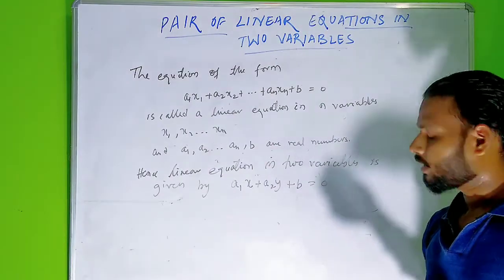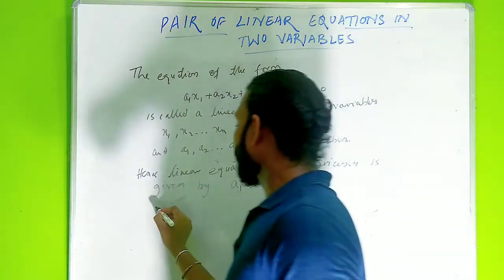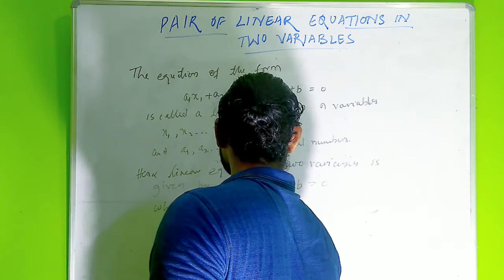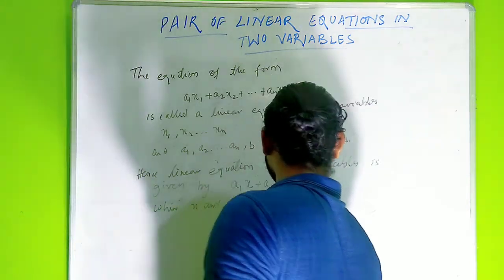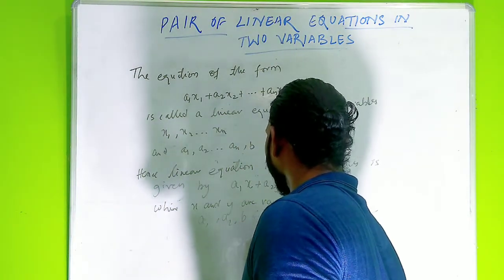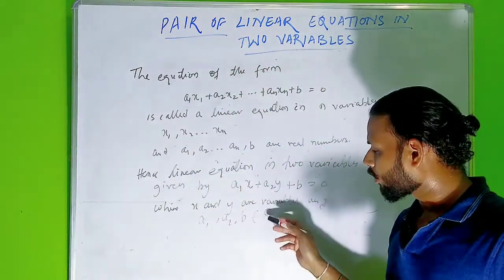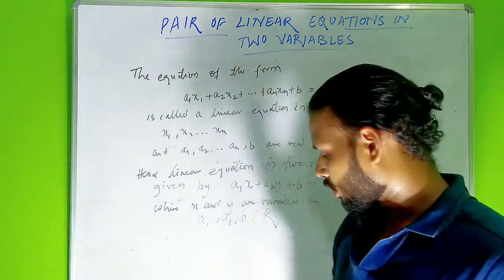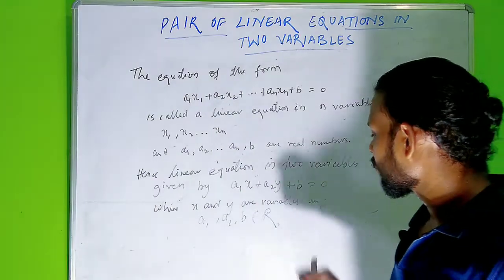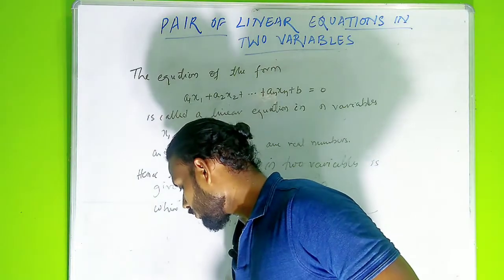So this is my linear equation in two variables where x and y are variables and a1, a2, b are my real numbers. So in earlier classes I have told you what is the notation for the set of real numbers. So I think it is not a very big issue to know. So this R is called my set of all real numbers.